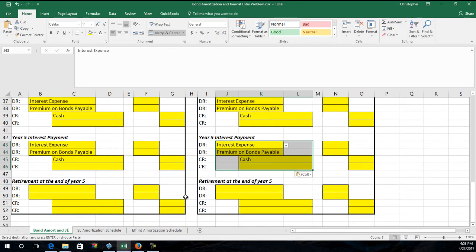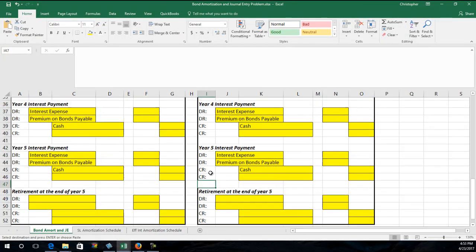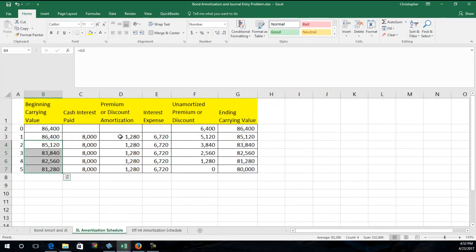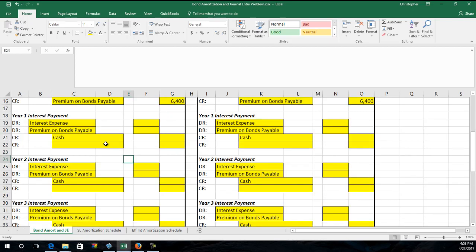Now, the last entry is a retirement. We won't deal with that yet. So from this point on, we can pull the information from our amortization schedule. So the good news is for straight line, every year is going to be the exact same amount. $8,000 cash interest paid, $1,280 premium, $6,720 interest expense.